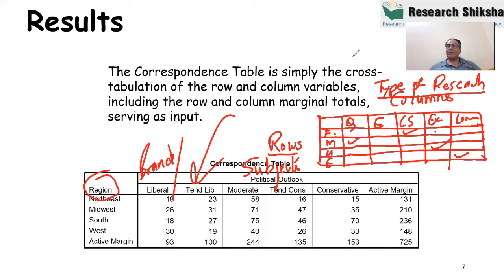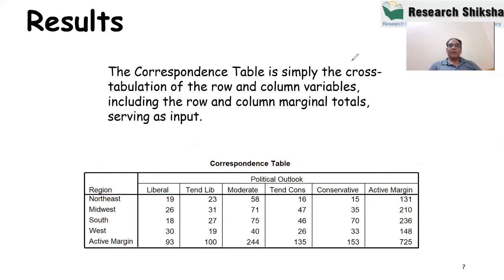Now how to interpret this table? This table says that we have 725 respondents. Out of 725 respondents, 19 respondents say the Northeast are liberal. So they make a tick here, right?